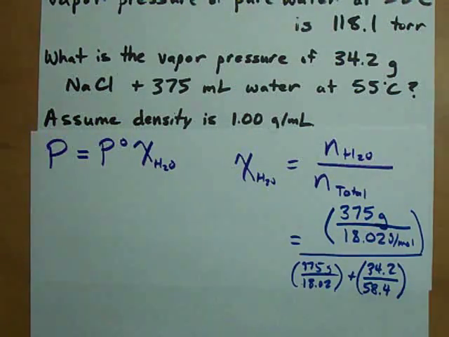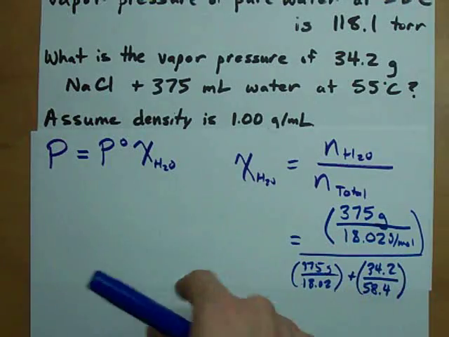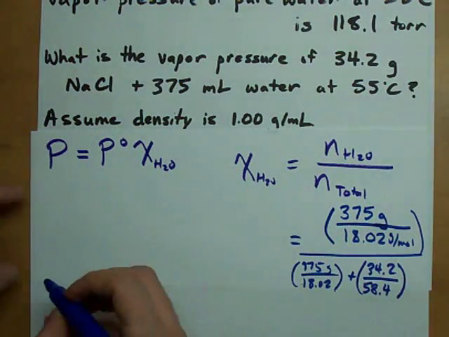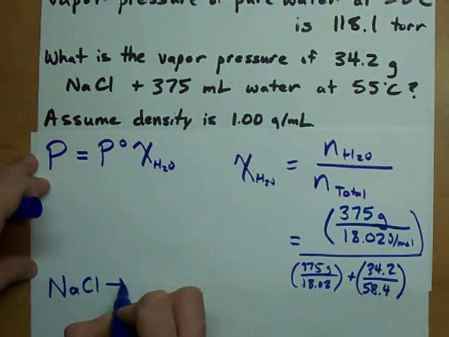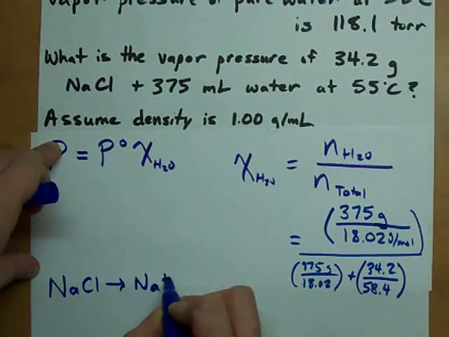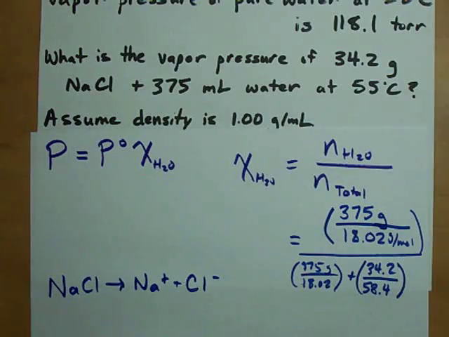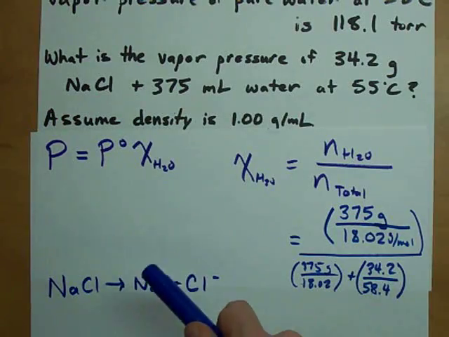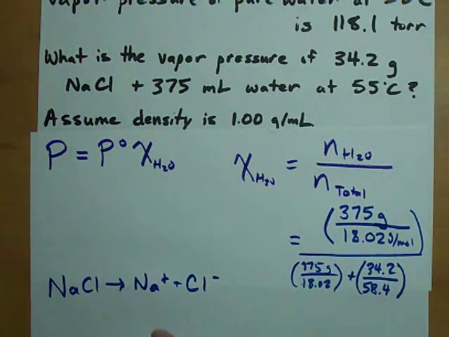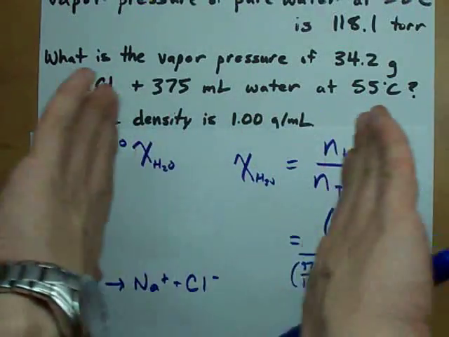But, and this is the key part of this question, when NaCl dissolves in water, it goes on to produce sodium ions and chloride ions separately. So for every NaCl we put into solution, we get 2 particles, 1 sodium ion and 1 chloride ion, and they're completely separate now.